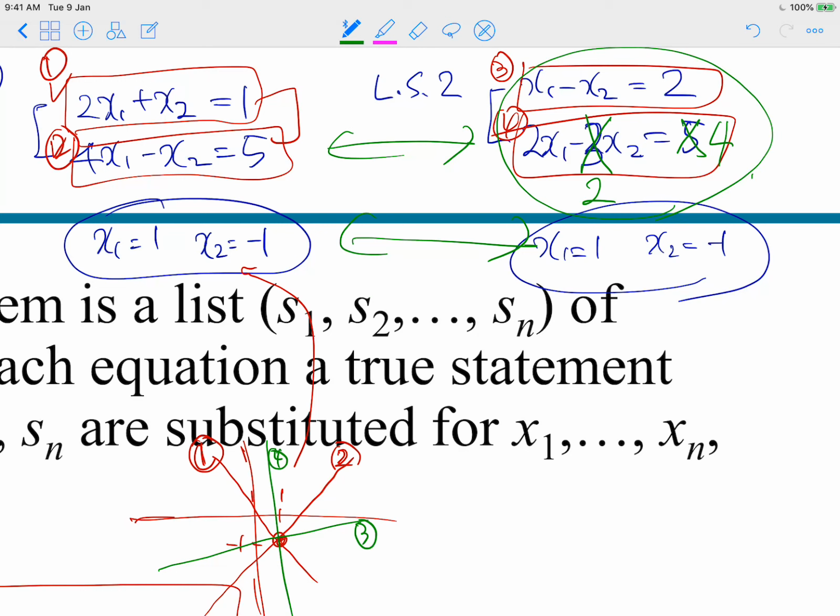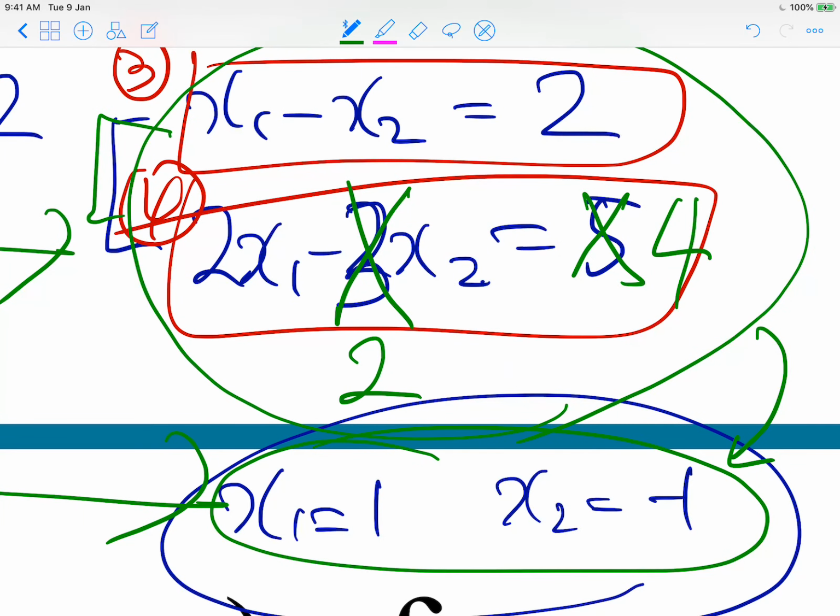Because even though this one has this as one of the solutions, in this second linear system we know that the number of solutions is infinitely many, because these two lines are overlapping. So the solution set for the second linear system will not just be this one, but infinitely many solutions.